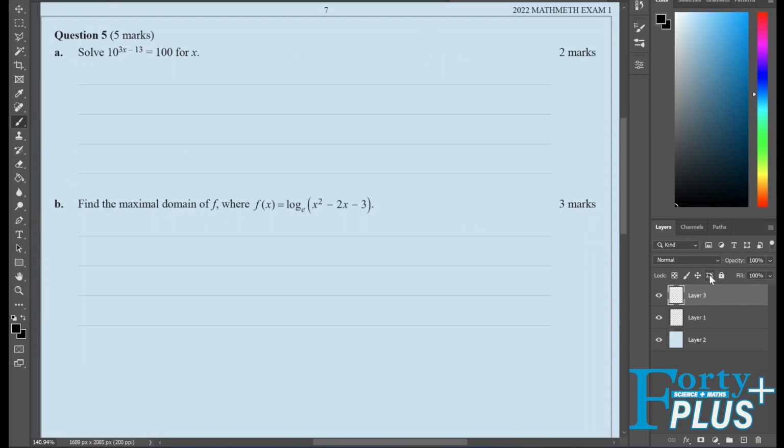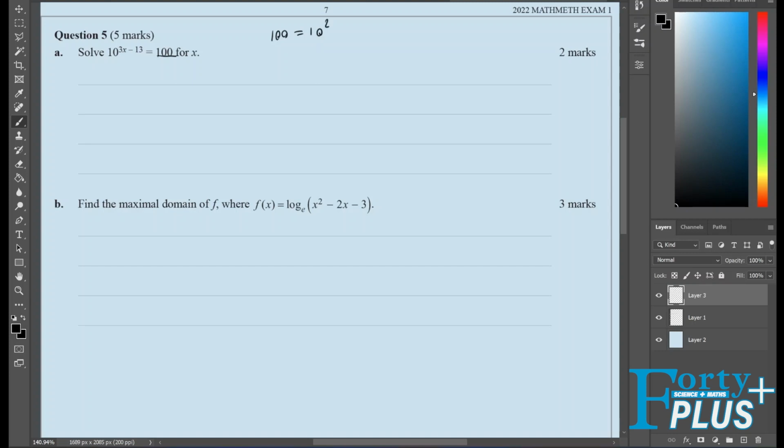Okay, question 5. So, part A, they're asking us to solve 10 to the power of 3x minus 13 equals 100 for x. So with these exponential questions, we always need to try and identify a similar base or the same base. So we know that 100 is also equal to 10 to the power of 2.